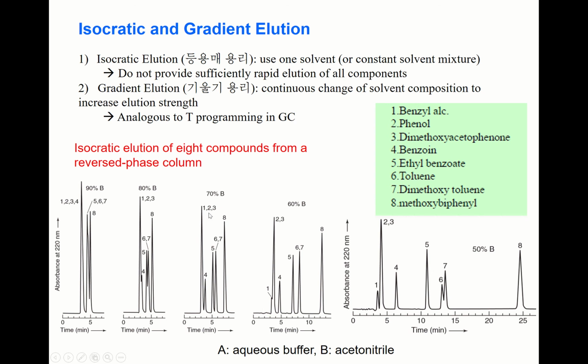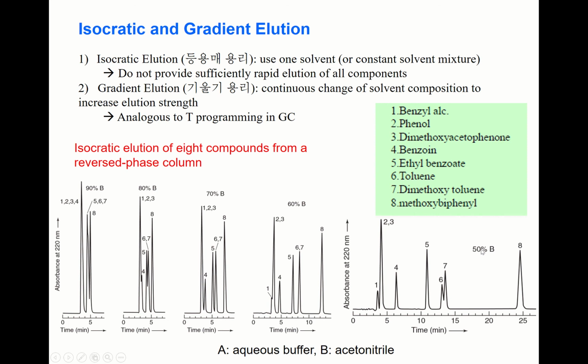Let's keep increasing the aqueous portion: with 70% acetonitrile, this is better than the second one, but compounds 1 to 3 are still not separated well. With 60% acetonitrile, compounds 1 to 3 begin to separate, but still very poorly. Compounds 4, 5, 6, and 8 are well separated. Still, compounds 6 and 7, toluene and dimethyl toluene, are not separated.